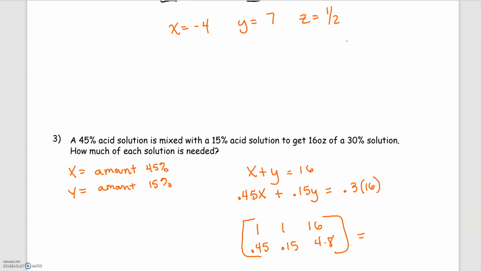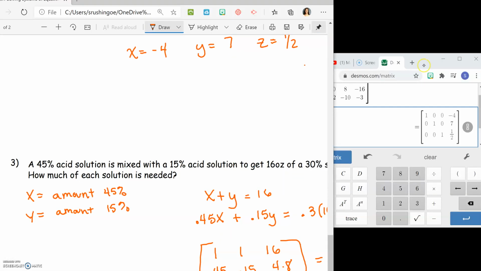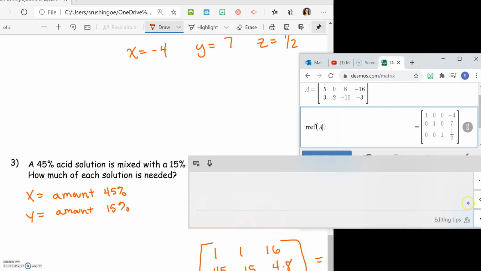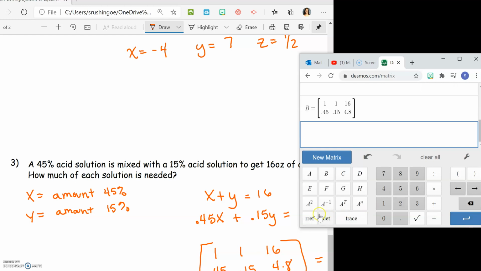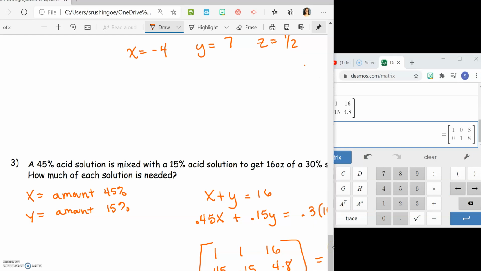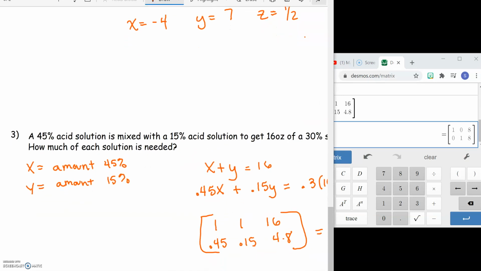So we're going to plug that into our calculator, and then reduce row echelon of B. So we get a solution of x equaling 8 and y equaling 8. 8 ounces of each.